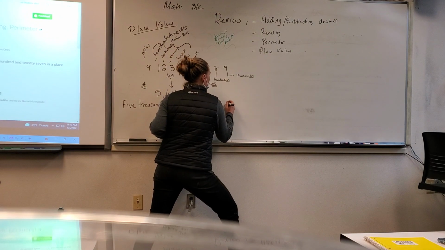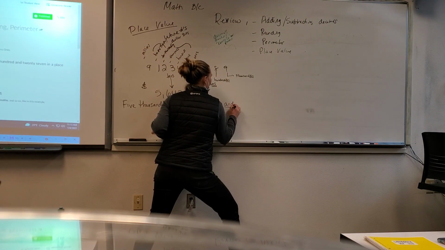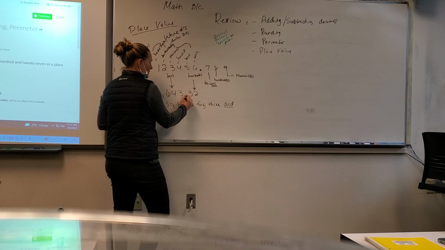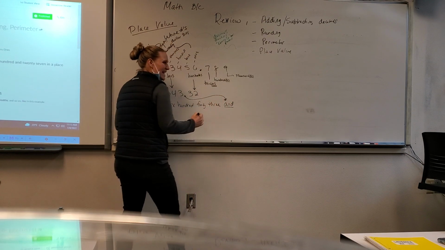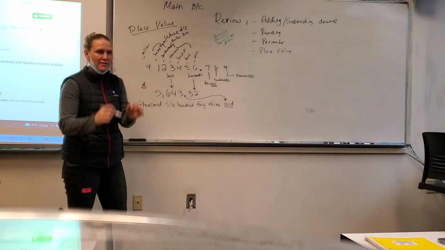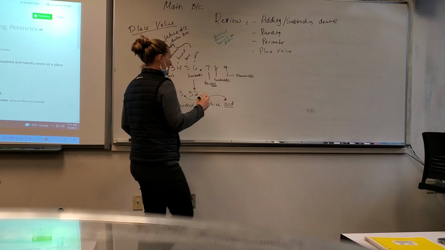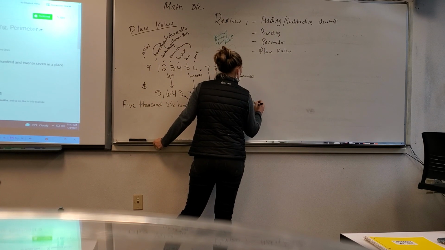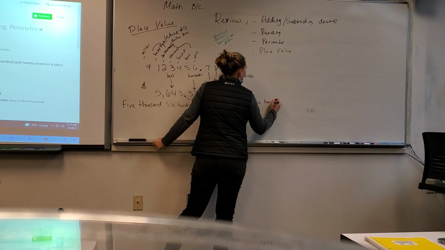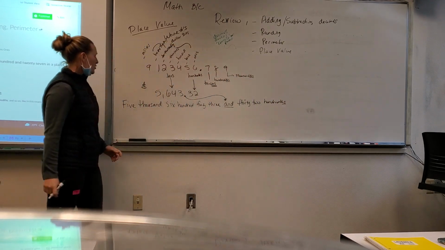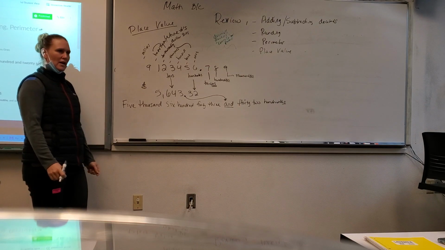And the kicker here is the word and means the decimal point. So when we write 5,643 and, that means decimal point. 32 hundredths. So that's how you would write this out.